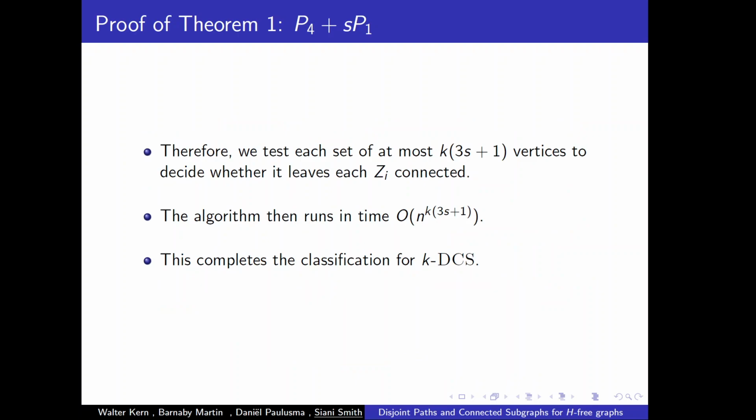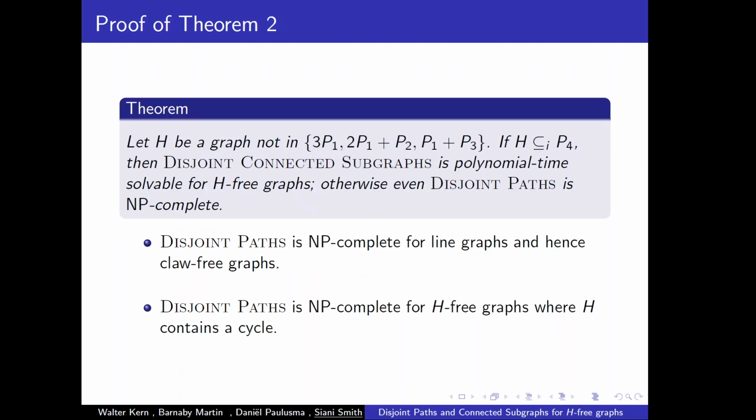So what our algorithm does is try each possible set of 3s + 1 vertices to form the dominating set for each of our terminal sets from 1 to k, and decide whether it leaves each Z_i connected. This runs in polynomial time because both k and s are fixed constants. So this finishes the classification for k disjoint connected subgraphs.